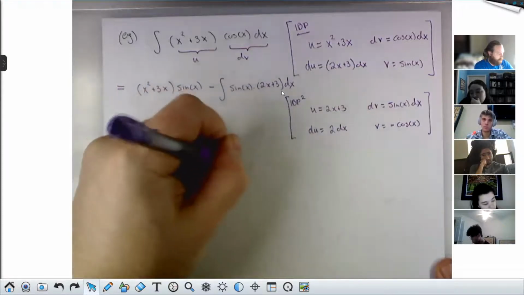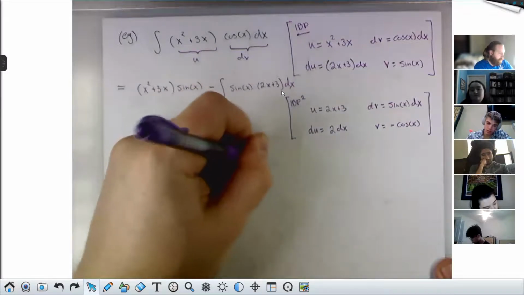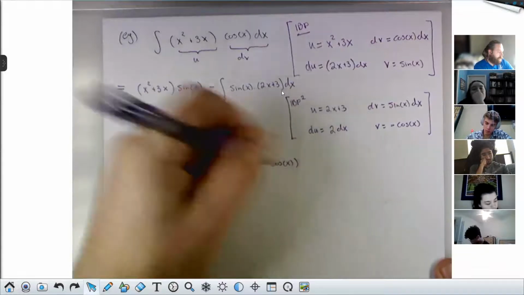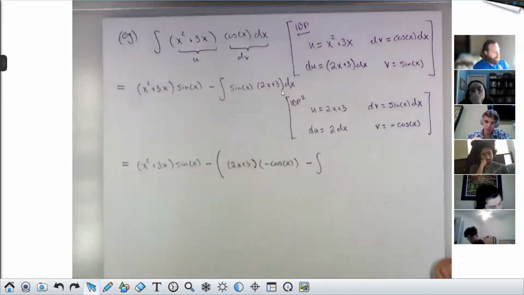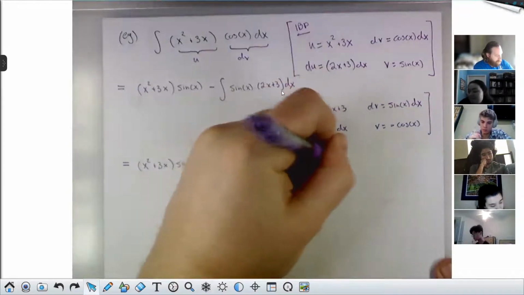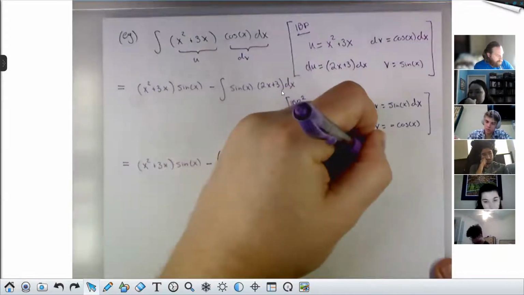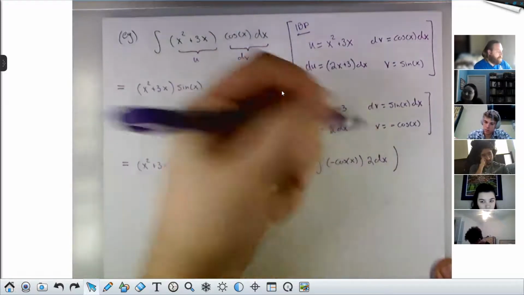That's 2x plus 3 times negative cosine of x minus the integral of this v times this du, which is negative cosine of x times 2 dx. And then I close my big parentheses.